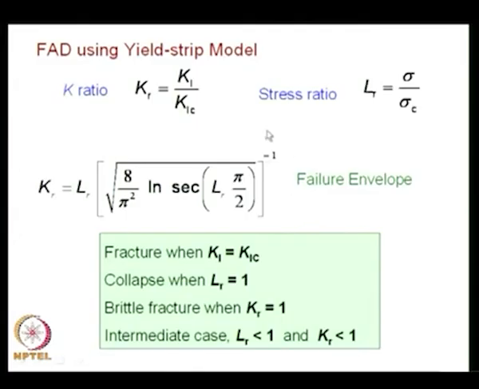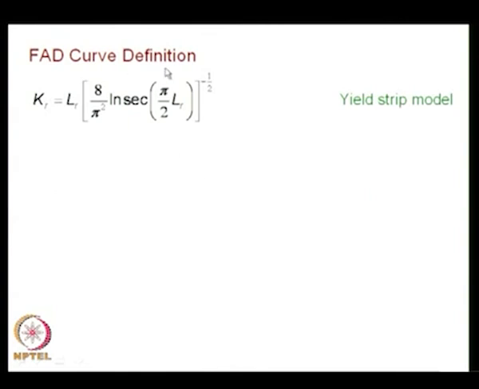And people have really looked at various types of failure envelopes, that is, the FAD curve definition. You have this as Kr equals LR, 8 by pi squared, natural logarithm of secant of pi by 2 LR, whole power minus half, based on the yield strip model.